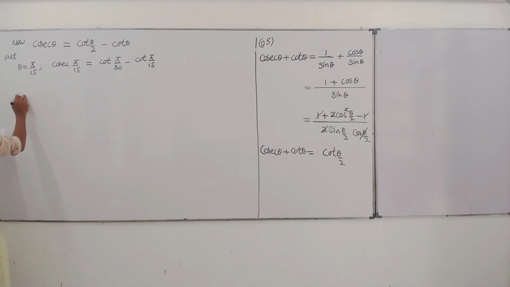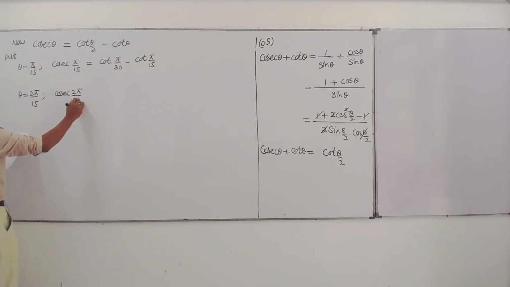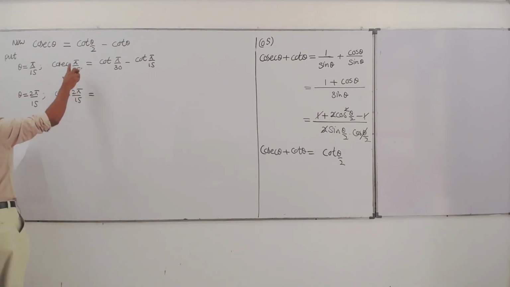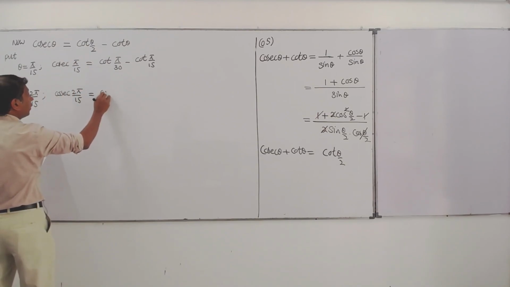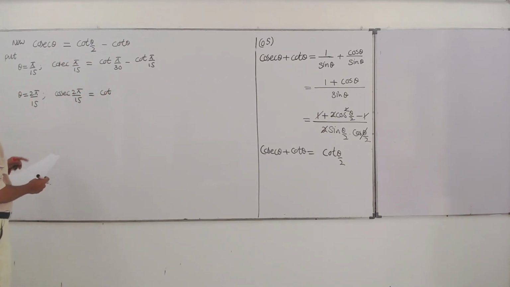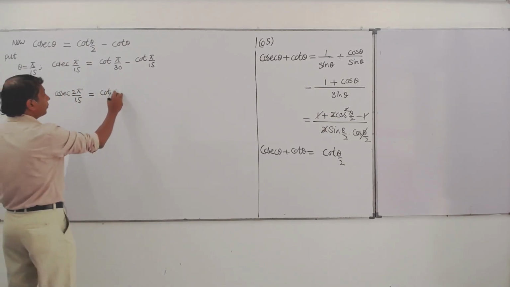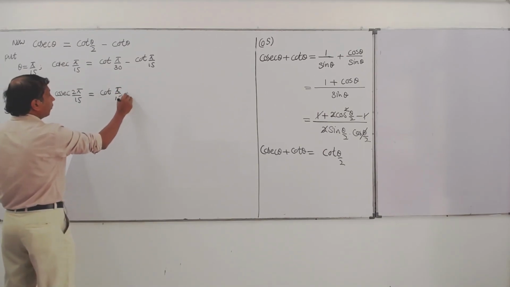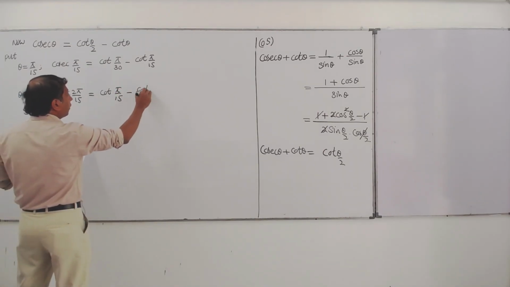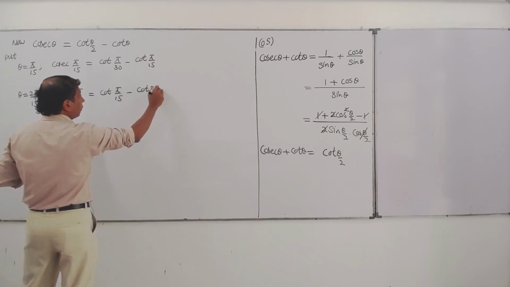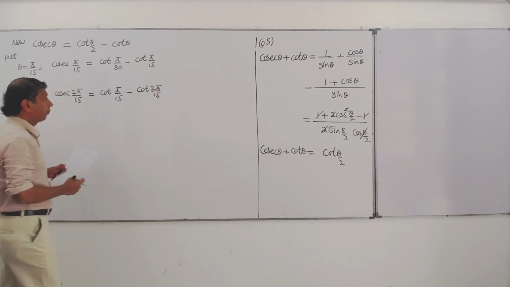Secondly, theta 2 pi by 15. Then we get cosec 2 pi by 15. Here we get cot theta by 2, pi by 15. And cot 2 pi by 15.